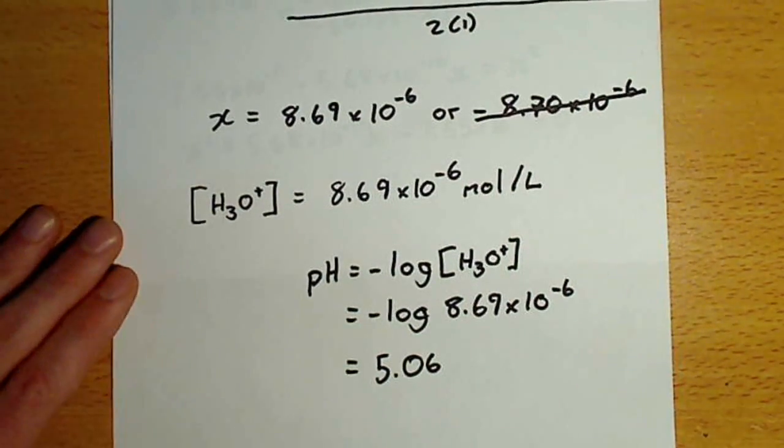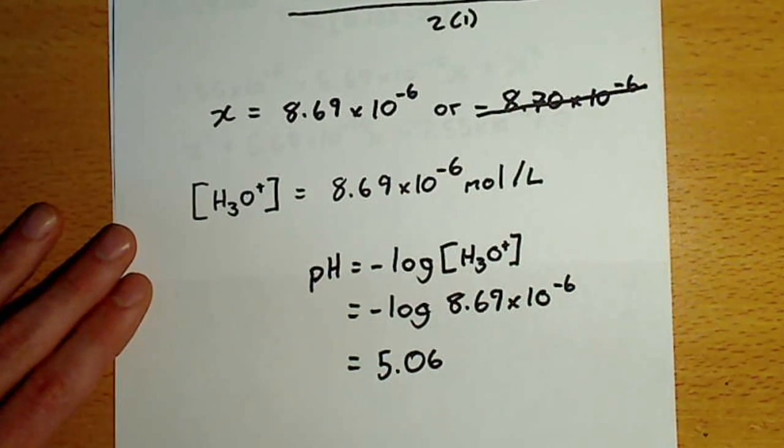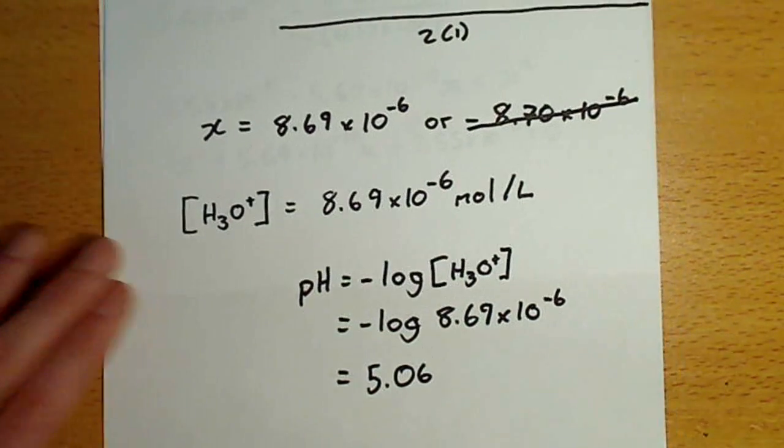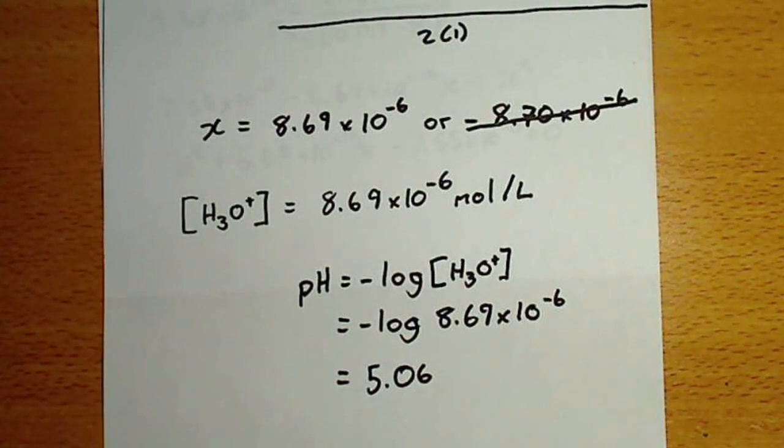And when I punch the negative logarithm into my calculator, I get a value of 5.06, which is the answer to our question. Let's go back and take a look at all the steps we've done.